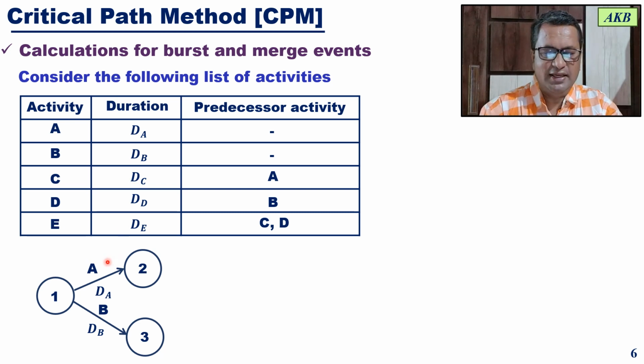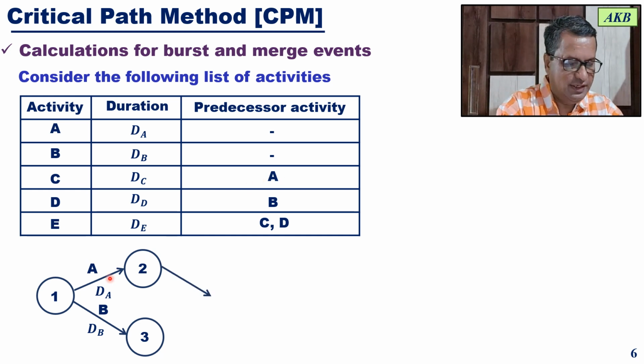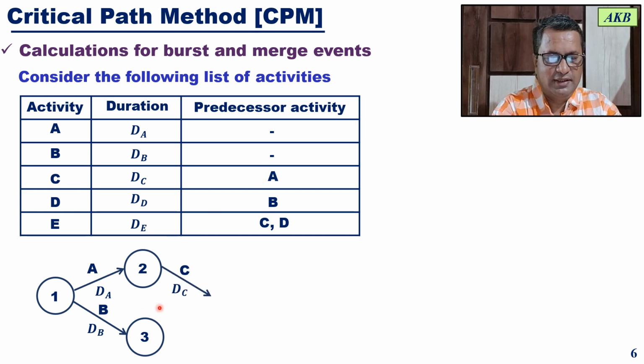Okay. Then after activity A is completed, A and B are completed. Next is activity C, and for activity C, activity A is the predecessor activity. That means after activity A, you can start activity C. Duration of the activity is DC, and at the same time, you can start activity D with duration dD.